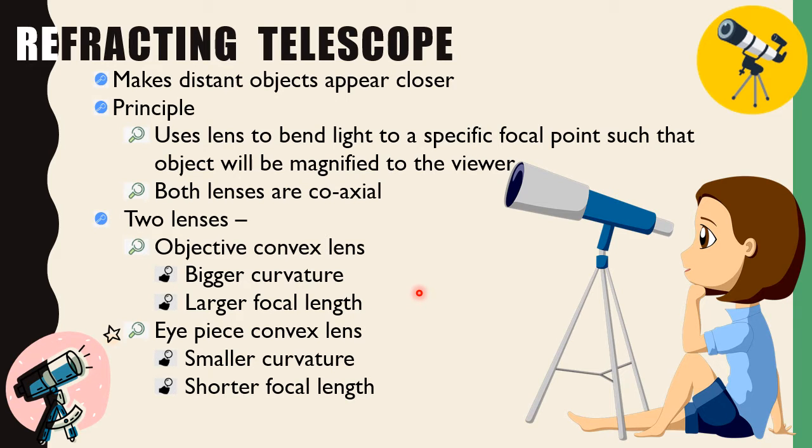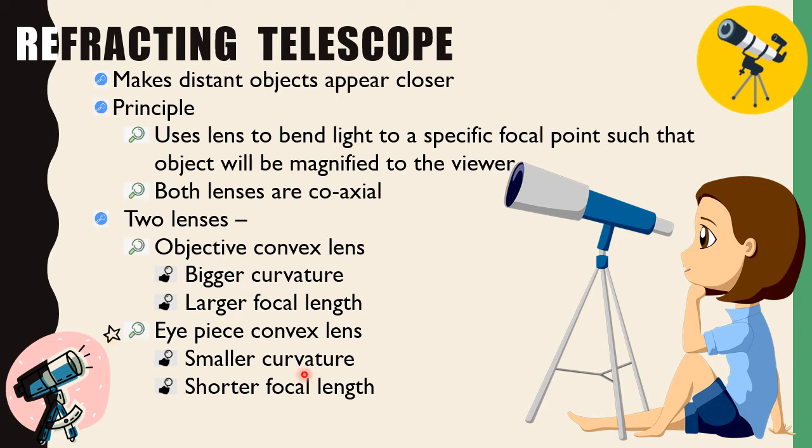The objective lens has a large diameter, therefore it has large focal length, because of which the maximum amount of light coming from the distant object can be collected. On the other hand, the size of the eyepiece is smaller and its focal length is also less.